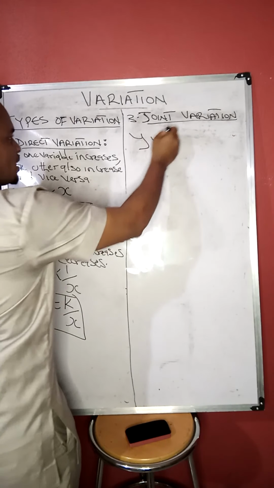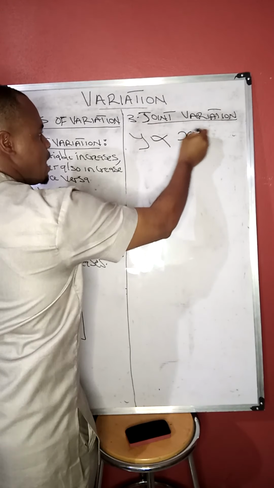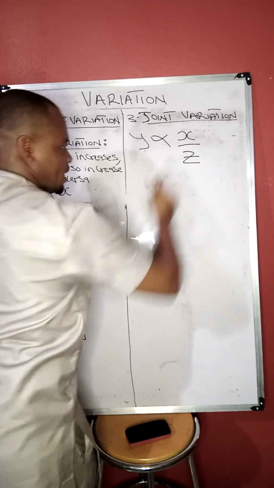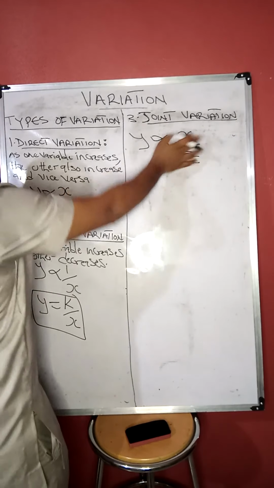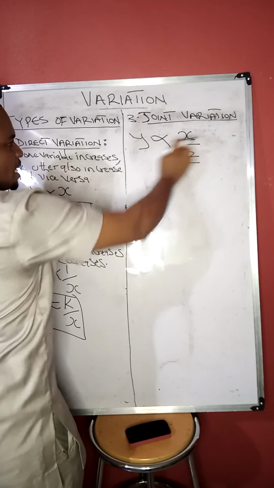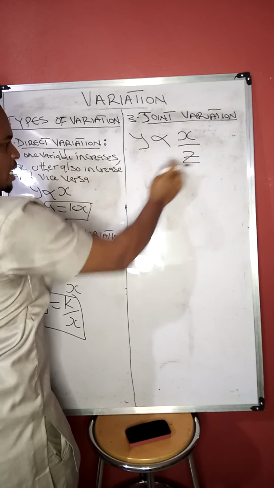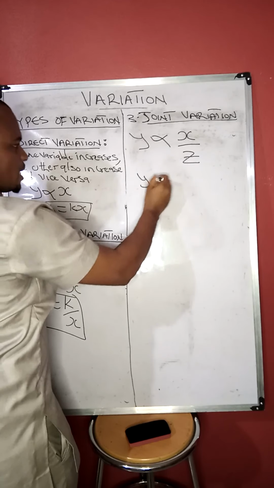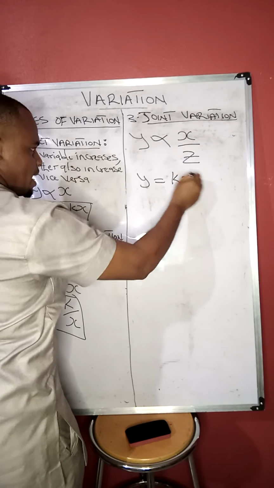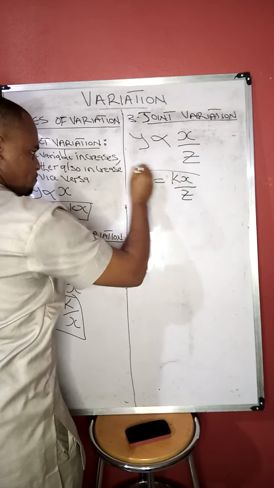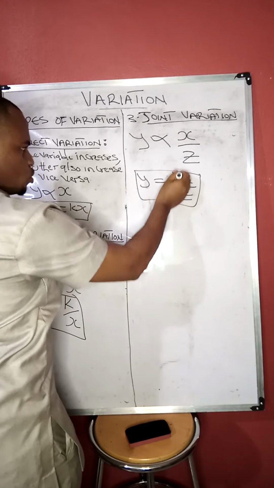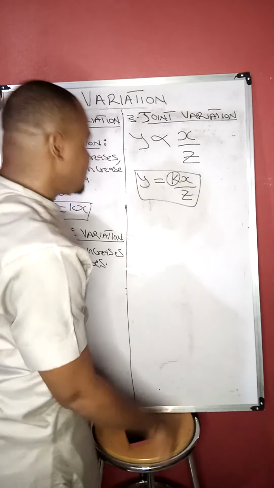So for example, y directly proportional to x and inversely proportional to z. This is joint. I'm combining both a direct proportionality and an inverse proportionality. So if I remove the proportionality sign, I'll have y equal to Kx over z. Don't forget all these are variables. K is your constant.